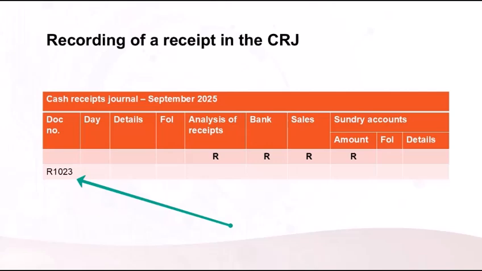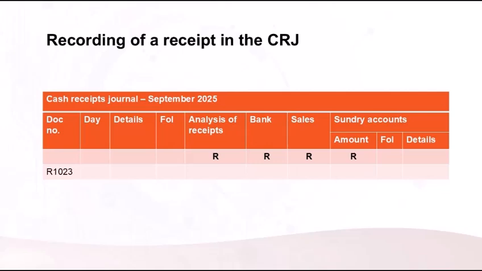So therefore, we will record R1023. The document number provides us with a way to go back to the source document that supports the entry should we later want to verify that the transaction was recorded accurately.